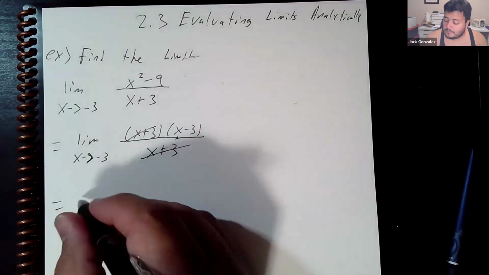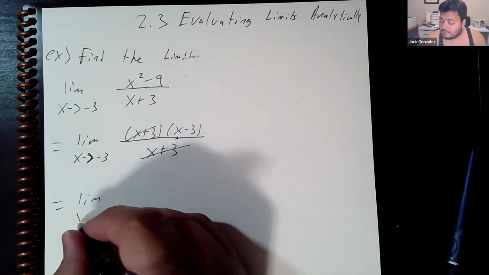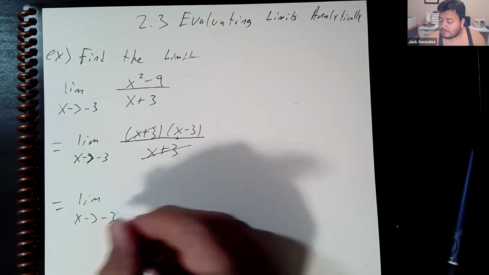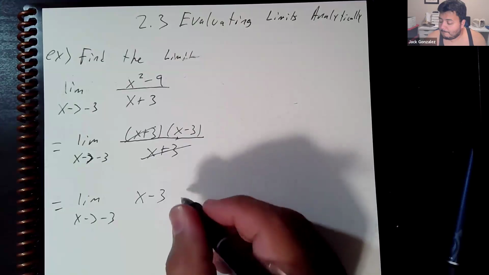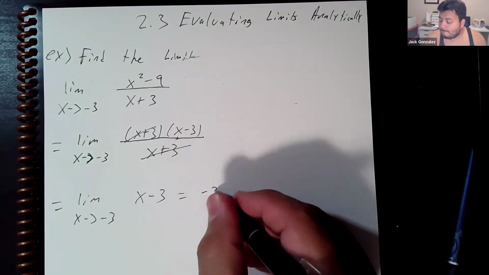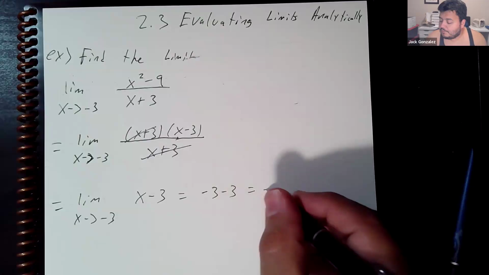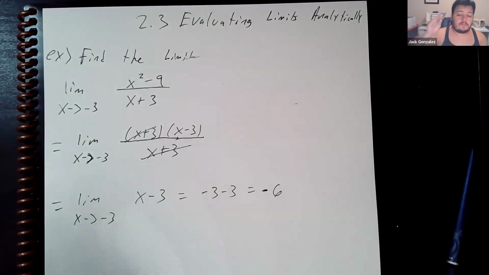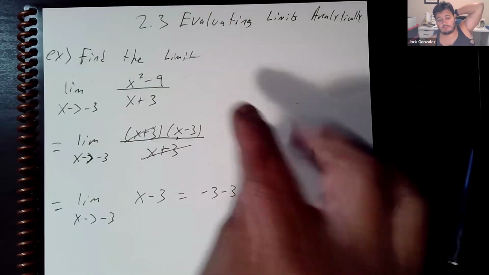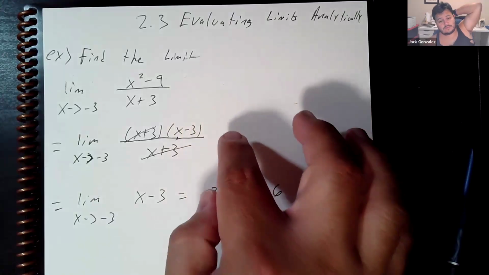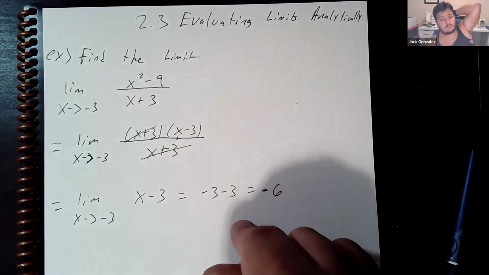So now, when you're able to take the limit, in other words, plug it in, do so to find your limit. Now, if you do the trace, you're going to see that it's approaching -6. So if you're able to plug it in, then that is evaluating the limit. If you can't plug it in, then use various techniques to get you there.